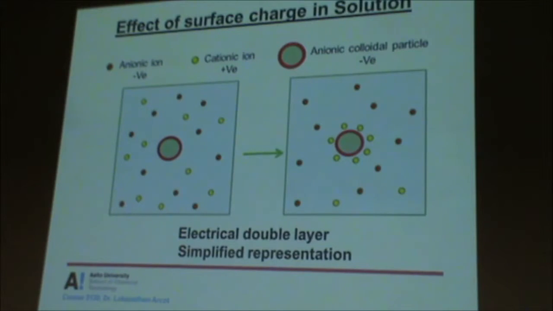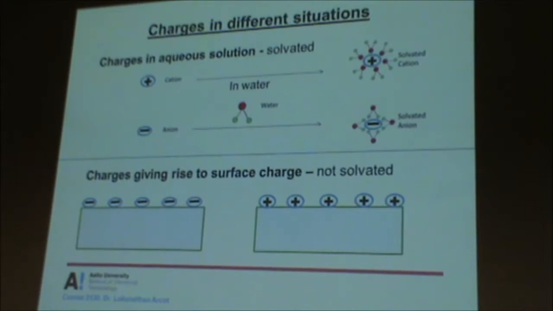Okay, so now after equilibrium, you will find this distribution where the negative charges have attracted the positive charges in the medium, so the positive charges are closer to the particle, and the negative charges are kind of repelled apart. Okay, so now this is the concept of double layer, electrical double layer. This is a very simplified representation. I will go into a more detailed one.